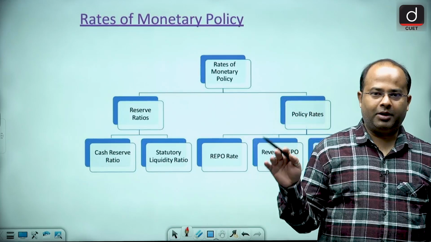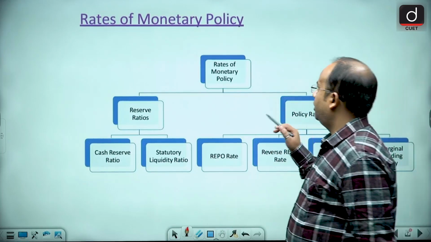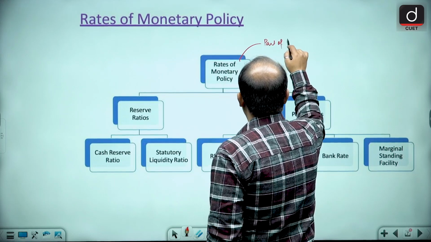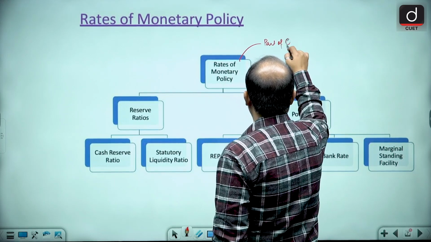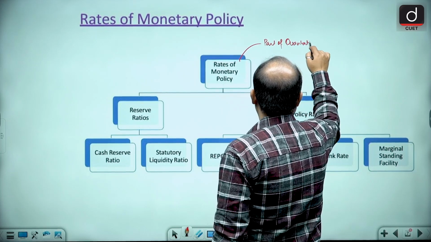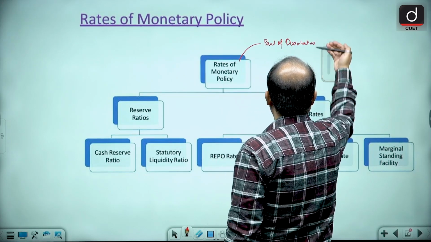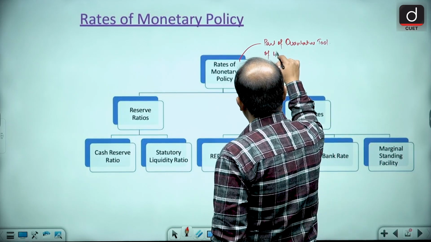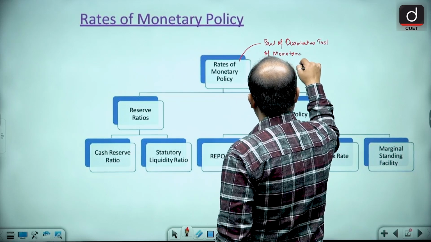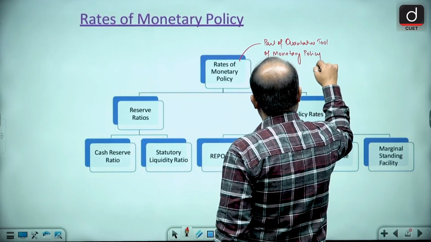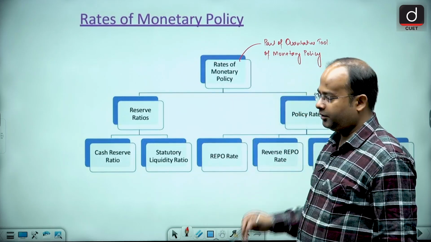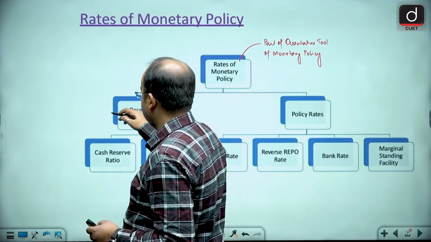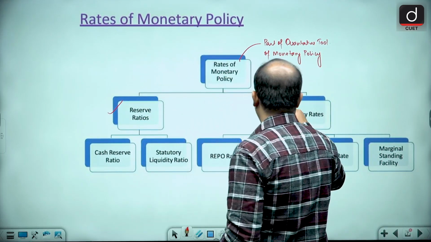So let's discuss the tools of monetary policy, or the rates of monetary policy, which are a part of the quantitative tools of monetary policy. Now, guys, there are two types of rates. One is called reserve ratio, as I have told you, and another is called policy rates.